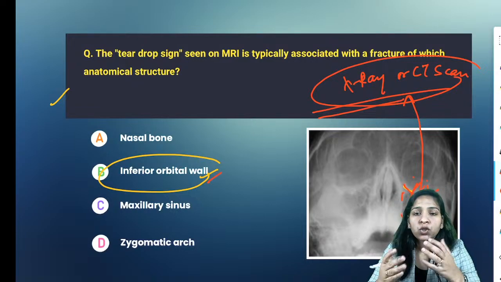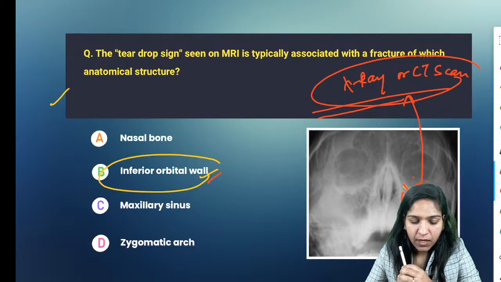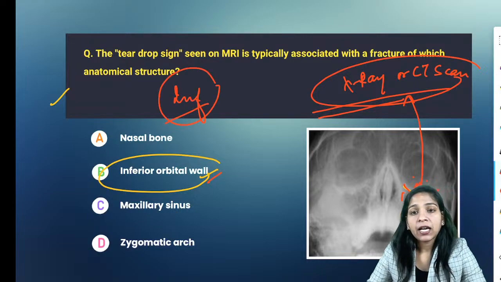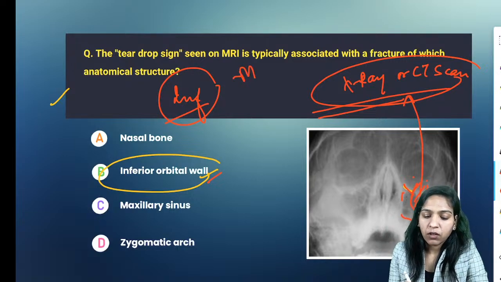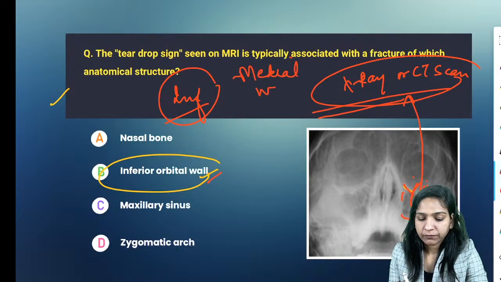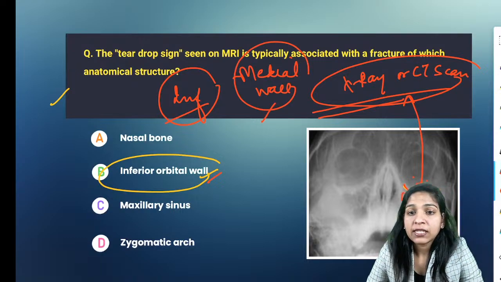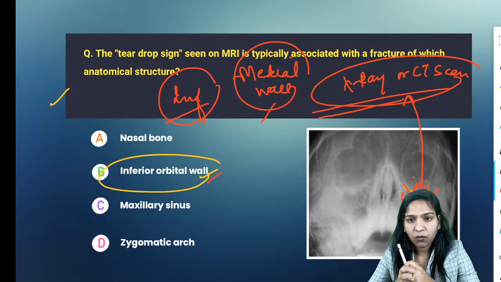Now the most common wall to be fractured or involved in blunt trauma is the inferior wall. But if I ask you which is the weakest wall of the orbit, then the answer is the medial wall. But now you will ask me, if the weakest wall is the medial wall, then how come the inferior orbital wall is the most commonly fractured wall?